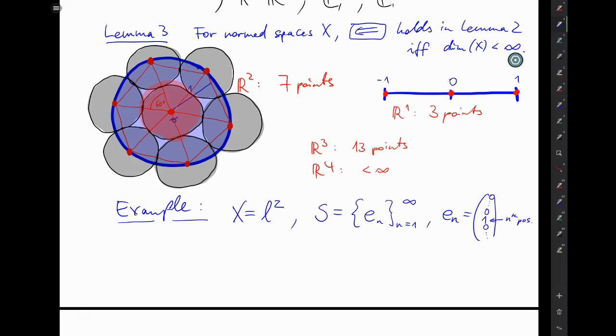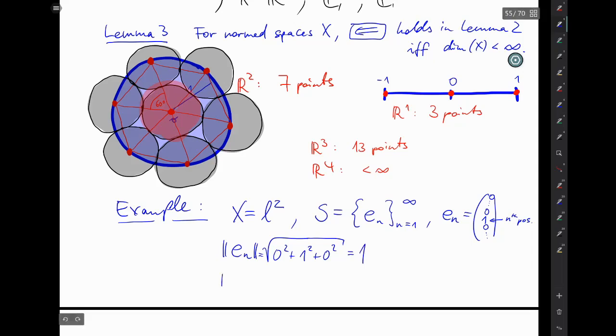These are clearly infinitely many points. How do we see this set is bounded? Well, the norm, and hence the distance from the origin of every E_n, is just the square root of a sum of a whole lot of zeros squared plus 1 squared, and then zeros again, which is 1. So this is clearly bounded. They sit on the boundary of the unit ball.